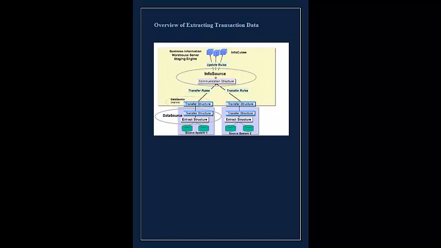With the help of transfer structure, the data from the source system is transmitted to the SAP BW, and then this data is temporarily saved in PSA, persistent staging area. From there, the data is sent to communication structure using transfer rules.